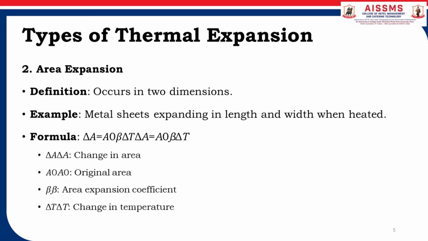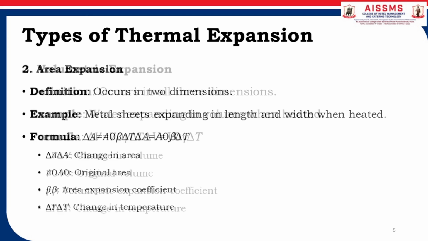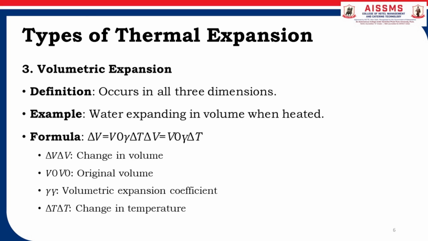Our second expansion is area expansion. This occurs when a material expands or contracts in two dimensions. For instance, when a metal sheet is heated, it may expand in both length and width. Further, volumetric expansion.